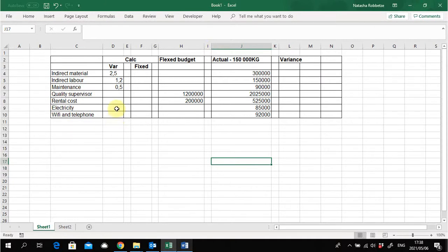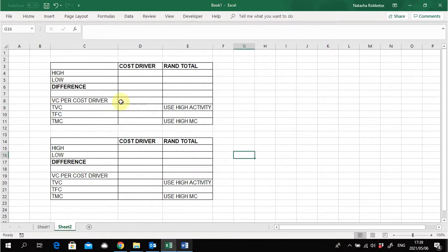All right, then for the electricity and for the Wi-Fi, I remember we said that those were mixed costs. So for the mixed cost, we have to go and do a split, and that split is done through high-low. On the second sheet, I have already put my layout for high-low, and I'm quickly going to fill it out in both instances. So I'm going to start with electricity.